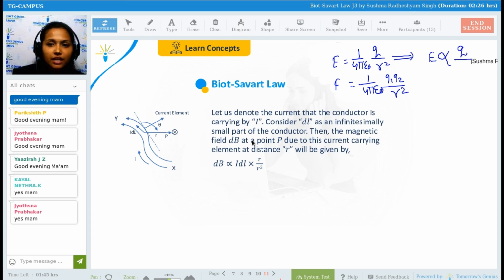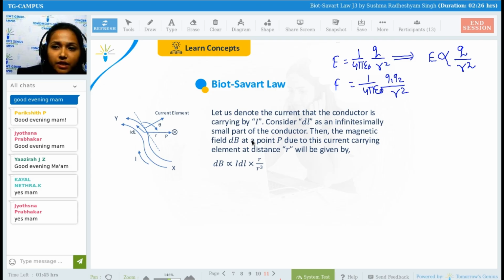Okay. So see, as far as this formula is concerned, it simply says the electric field is directly proportional to the charge and inversely proportional to the square of the distance. Am I right? So we know that if a charge is present at some distance, say r, my electric field is charge by distance square. Am I right? In a similar manner, if your current is present, what do we get?